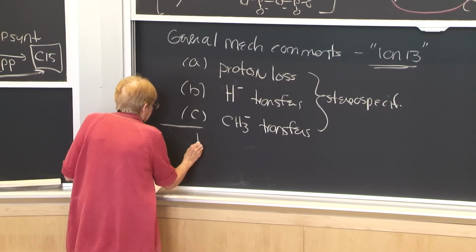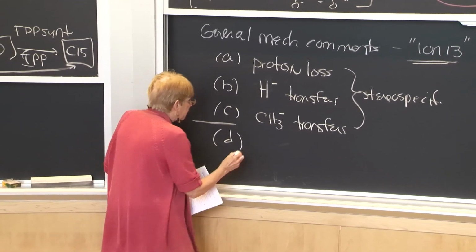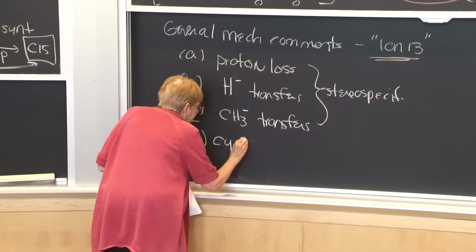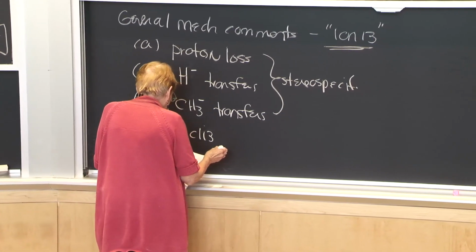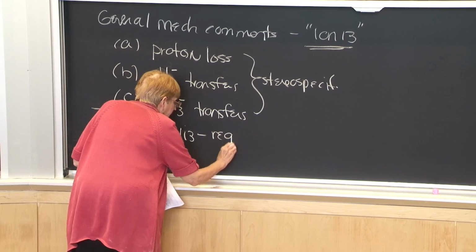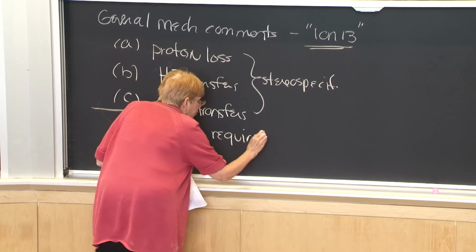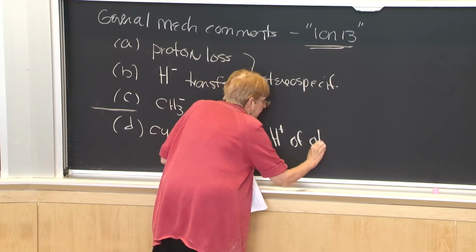The third thing, and this is going to become important, it was just important in the slide I showed you previously, we're going to see cyclizations. And cyclizations require, in general, protonation of an olefin.